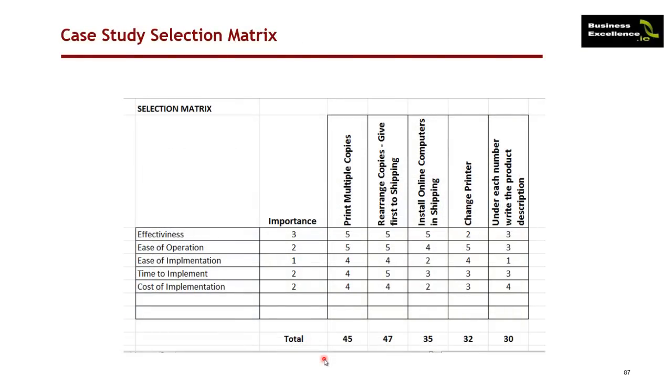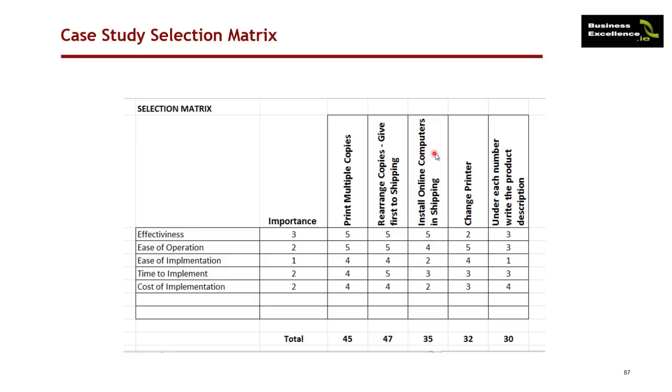For the purposes of the case study, what we've done is we've identified 5 possible options. So one possible option is just print multiple copies, 5 copies on normal paper. Another option is to rearrange the copies. So give the first one to shipping, and let's say, for example, we're going to give the last one to the salespeople because they don't need it.